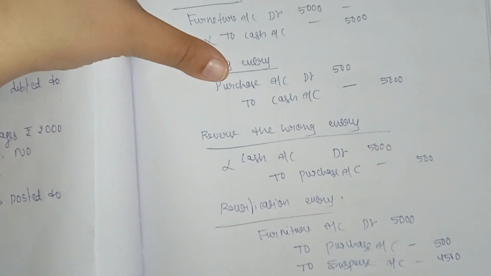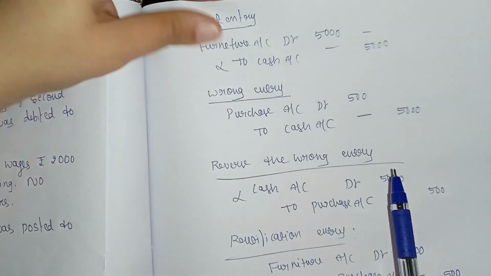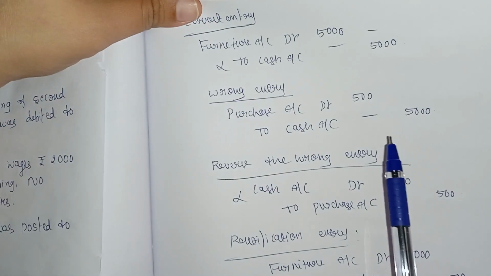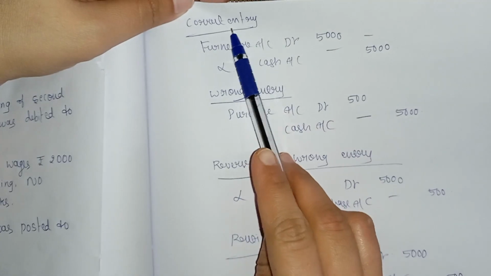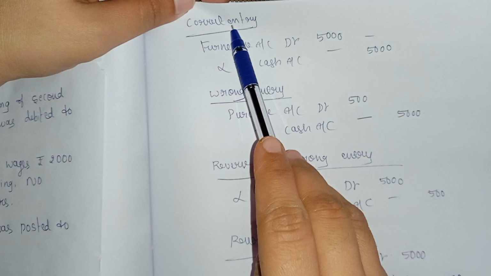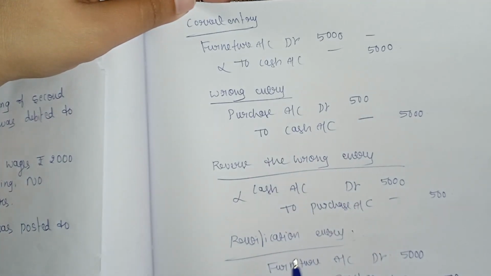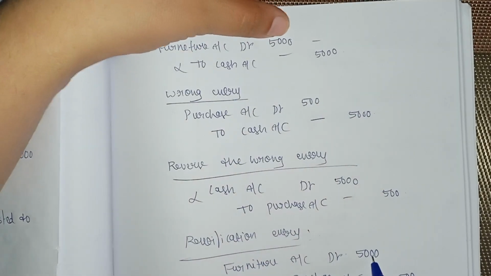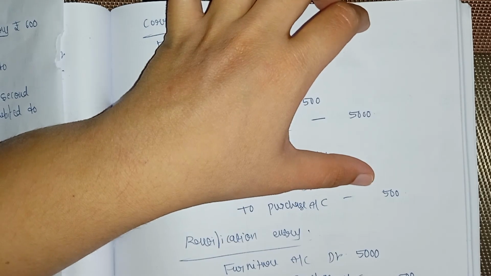Okay, first we have to follow the rules of two-sided error. That is, first write down the correct entry, the wrong entry, reverse the wrong entry, compare the correct entry and the reversed wrong entry, and write down the rectification entry. Here furniture account is debited with rupees 5000, and purchase account is credited rupees 500.